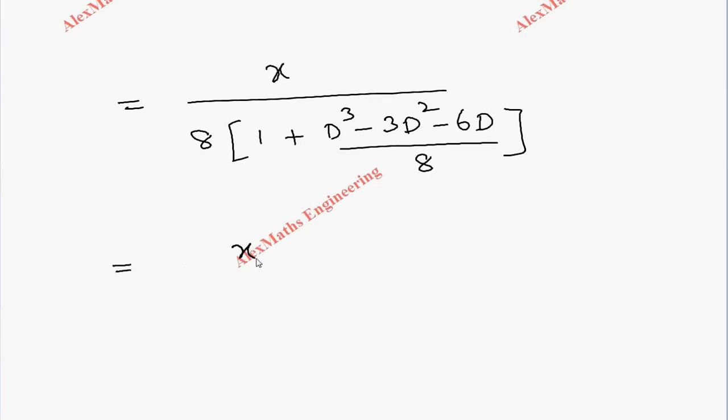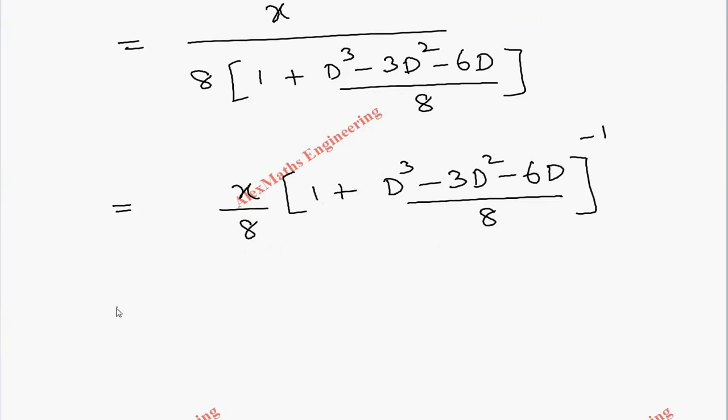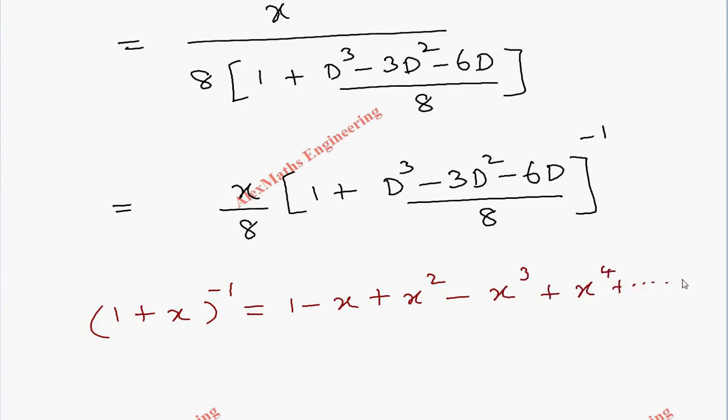So x by 8, open bracket 1 plus (D cube minus 3D square minus 6D) whole divided by 8, whole power minus 1. We are going to expand this using the formula (1 plus x) whole power minus 1, which is 1 minus x plus x square minus x cube plus x power 4 and so on.